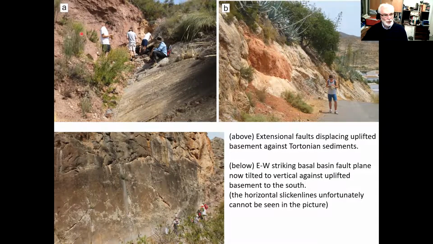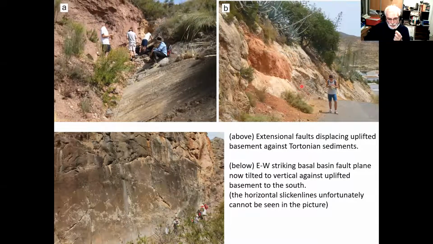And on top, you have red conglomerates of the Tortonian sequence. Here's another place a bit further along strike where the faults are dipping a bit more steeply. They've been slightly tilted, and you have a little outlier there of Tortonian sediment sitting on top of basement rocks.